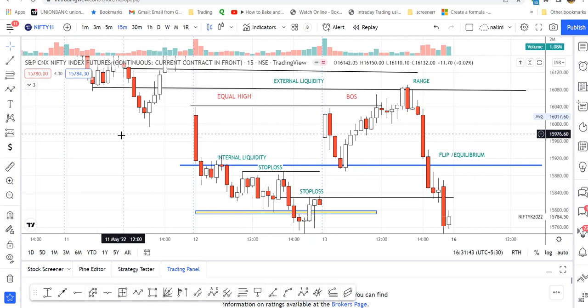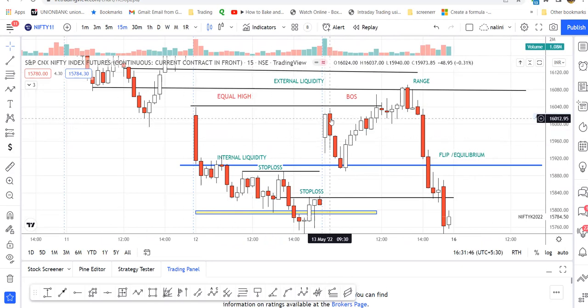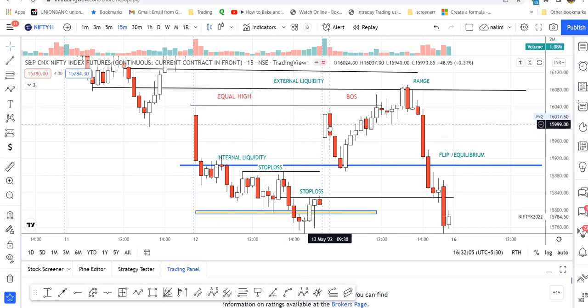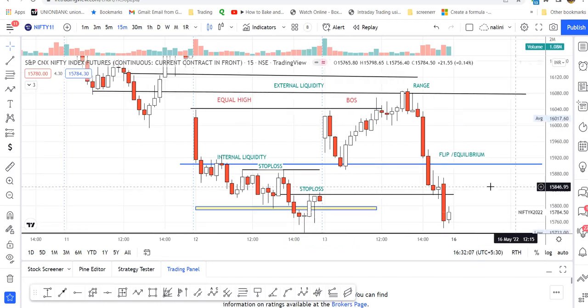And also immediately you can see liquidity has been induced by way of selling, at this level, equal high, double top.